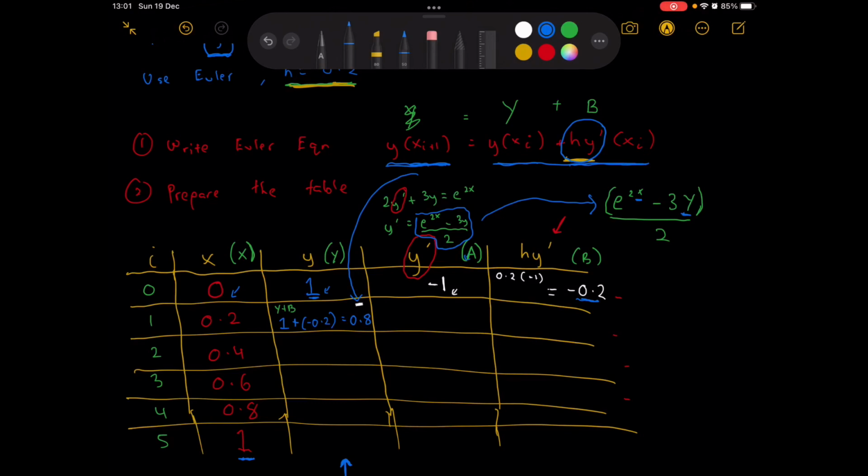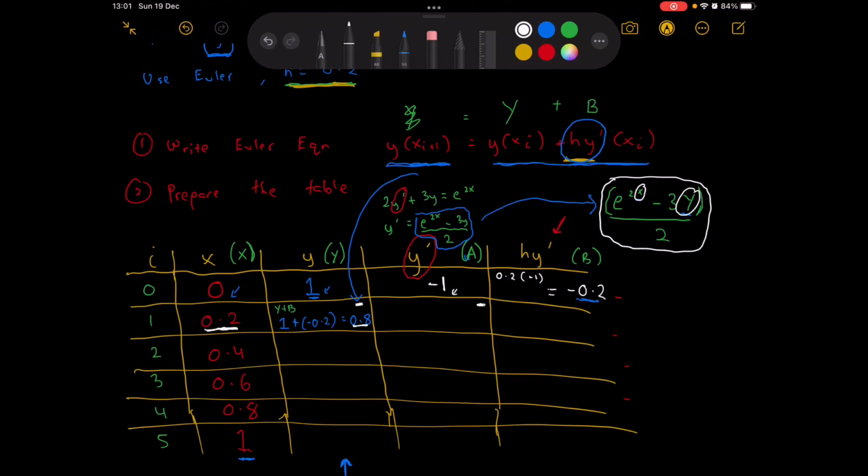Now next we just need to complete our table. How do we complete the value here? We can recall the function that we have input in our calculator. Now the x value is not 0 anymore. It has changed to 0.2, and the y value is now 0.8.